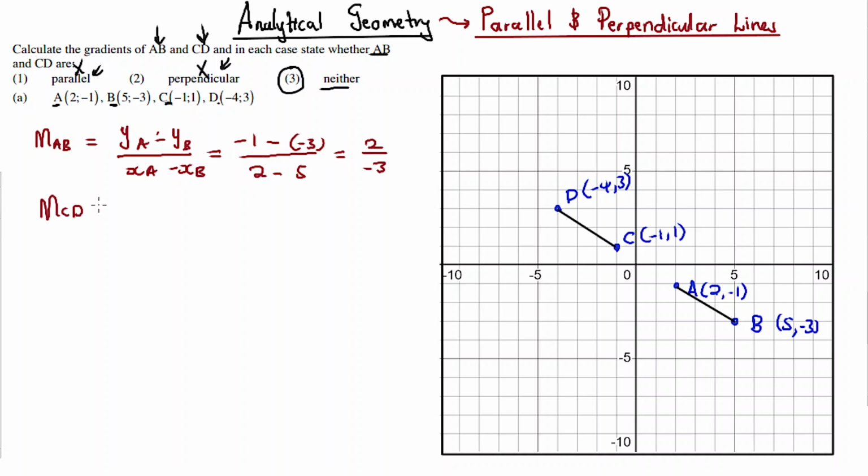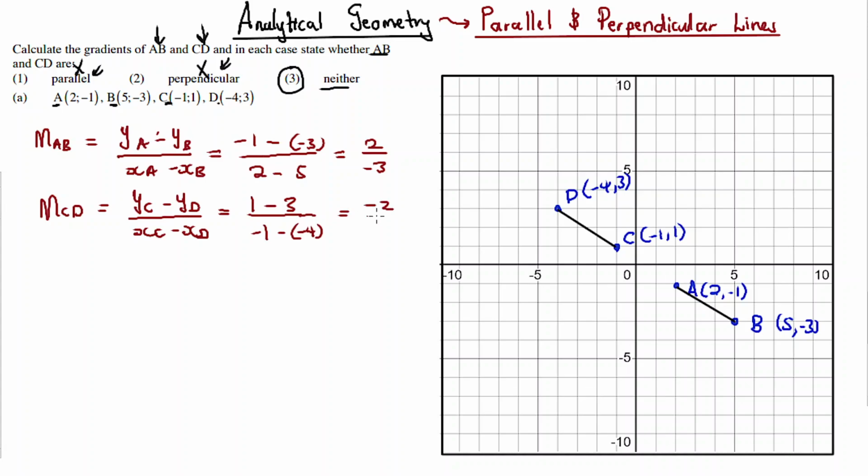Let's calculate gradient CD as well. YC minus YD over XC minus XD. YC is 1, minus YD, that's 3, over XC, that's minus 1, minus XD, that's minus 4.